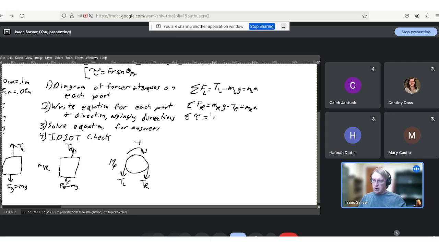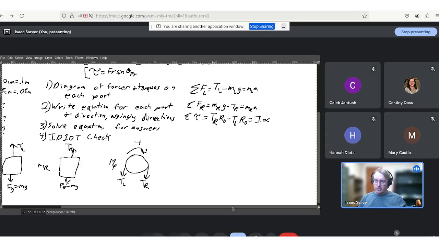So that means T_R times R outer minus T_L times R outer is equal to I alpha. So I've got my torque on the right minus torque on the left. Now I have three equations and three unknowns. Almost three unknowns, this alpha needs to go away.